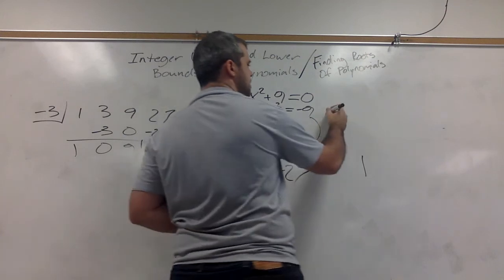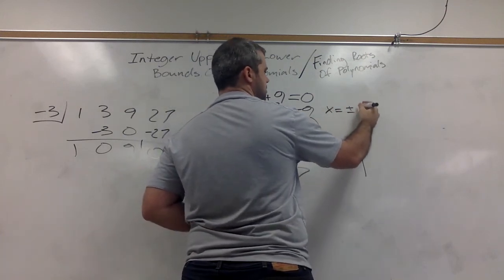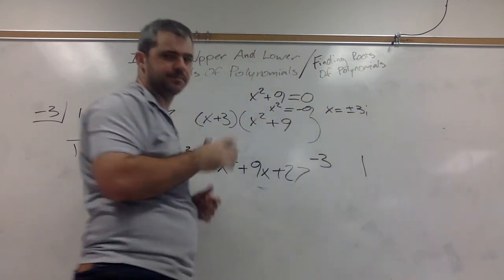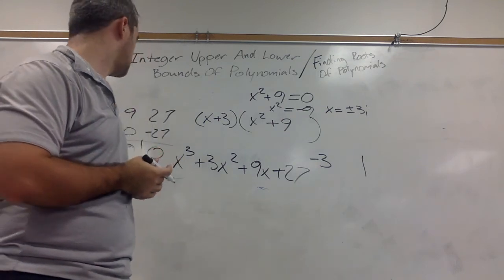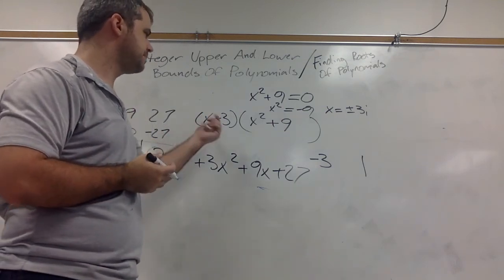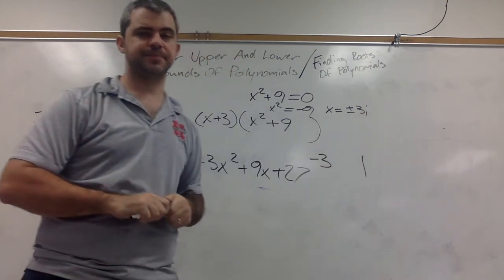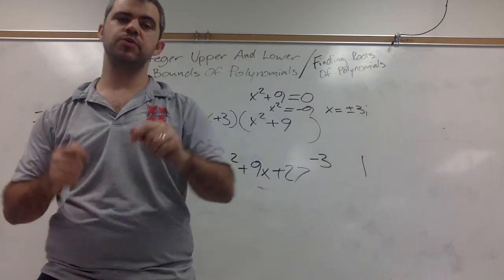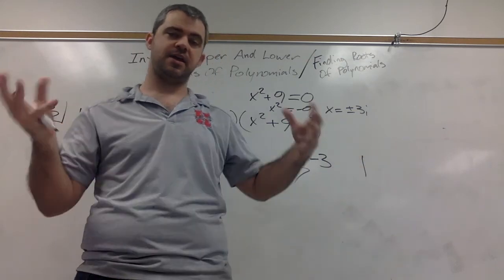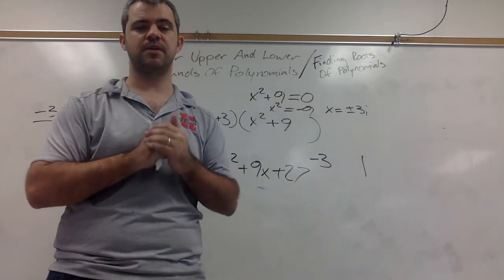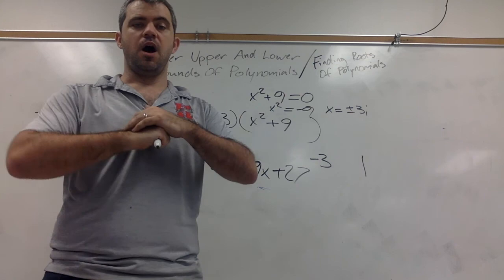Square root both sides. X equals plus or minus 3i. So our 3 solutions wind up being negative 3, positive 3i, and negative 3i. But once you've got one root, you can take it out and reduce it down to a quadratic, which is something that we know how to deal with.